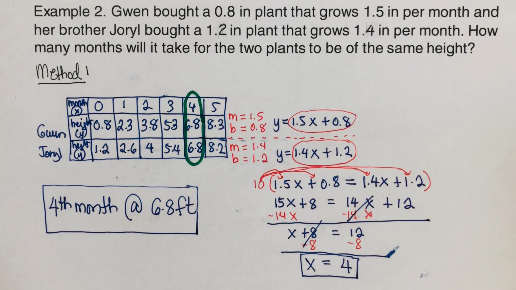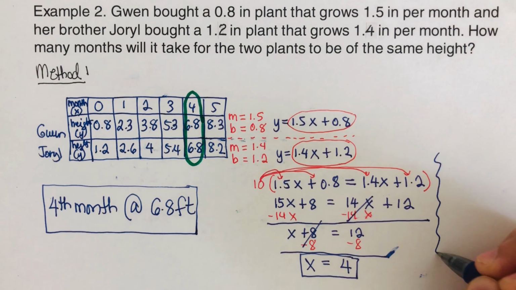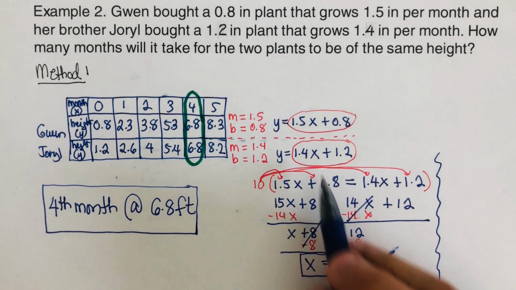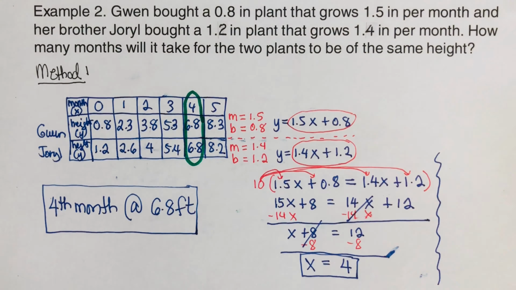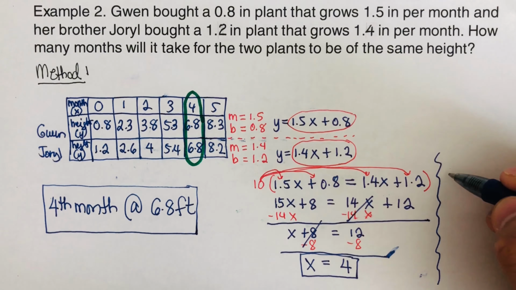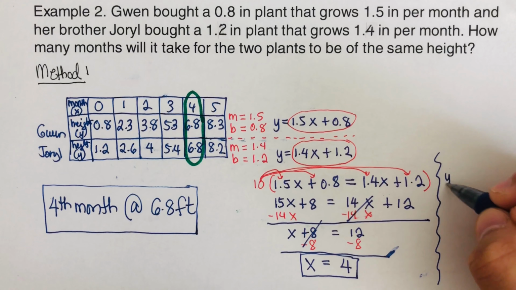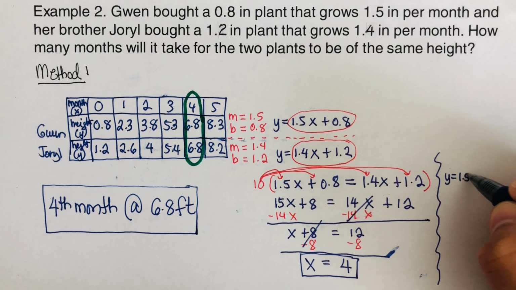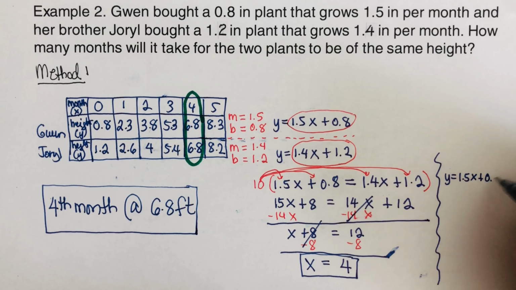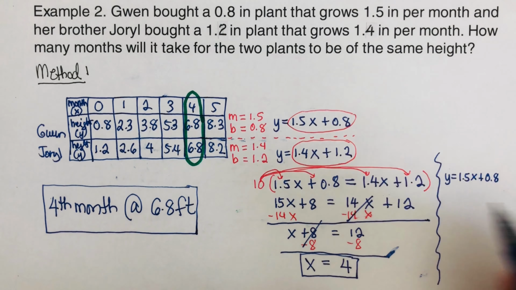And if we want to know what is the height of these two plants after 4 months, we can actually plug this value of x up here, so it can work to any of them. So we can go ahead and just use the first equation. That would be y equals 1.5x plus 0.8. Then from here we can plug the 4 into the x.